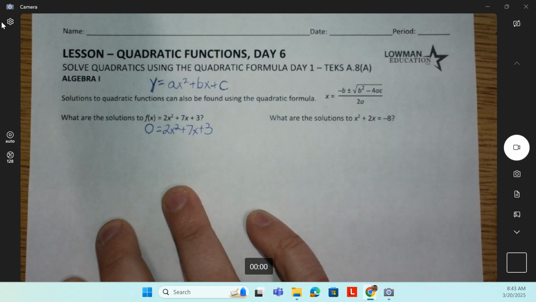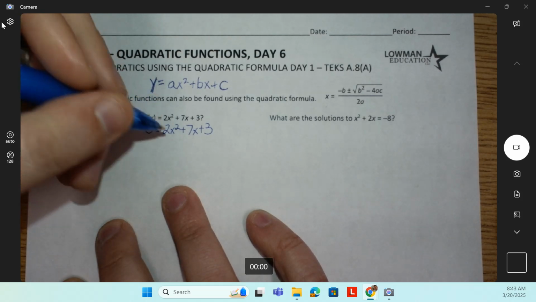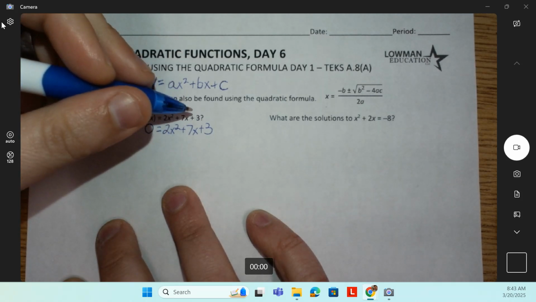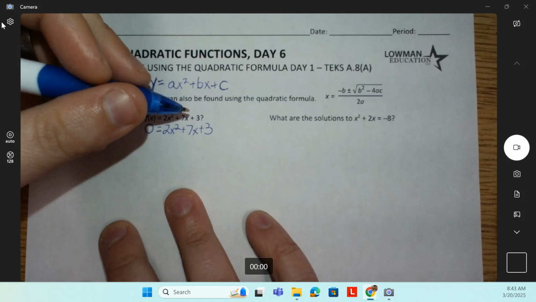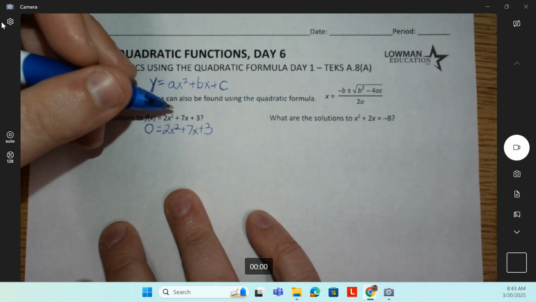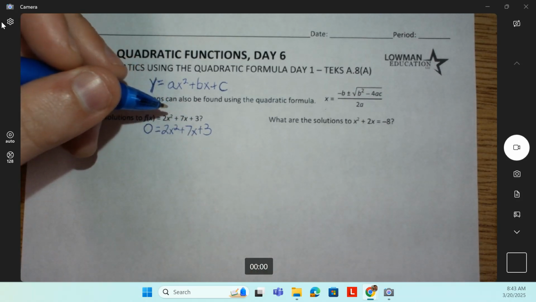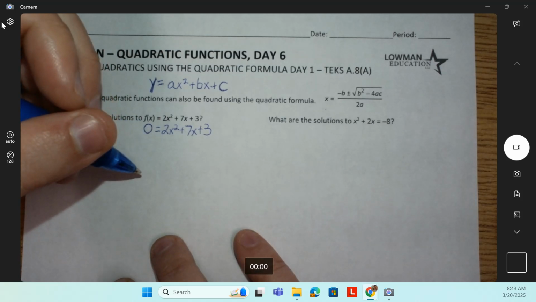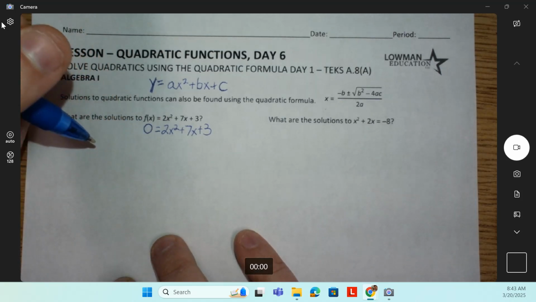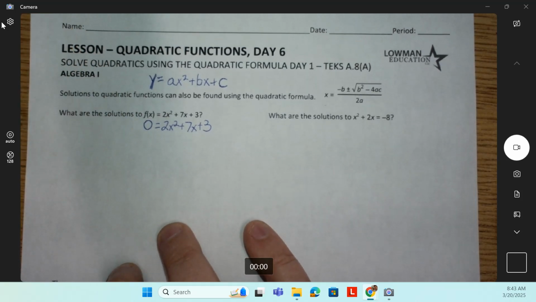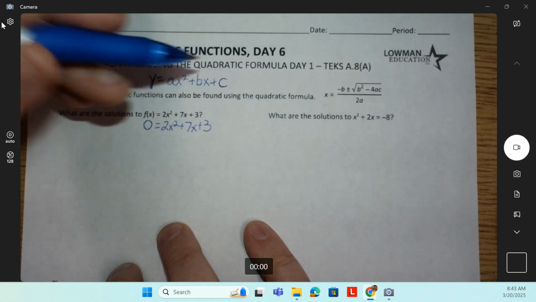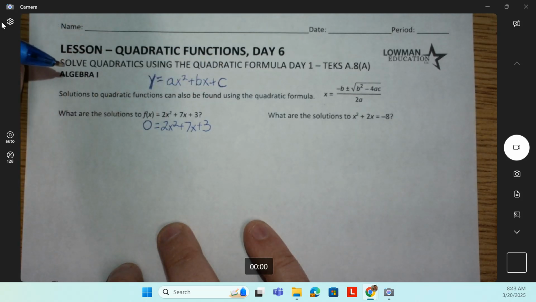Normally I would multiply 2 and 3 to get 6 and ask, what do I have that could multiply to 6 and add to 7? And we could solve it from there. But we're using one that works out well to try out our quadratic formula on for the first time.